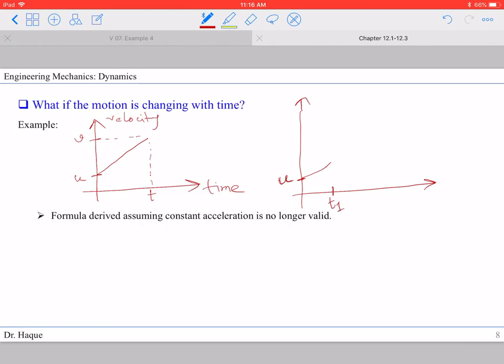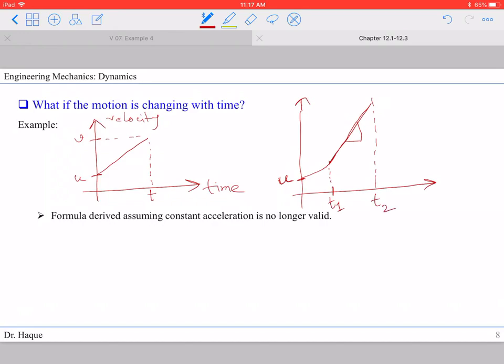Then I accelerated at a higher acceleration, but at constant acceleration. So higher rate but constant acceleration. So we have a different acceleration here than here, and I drive my car at that acceleration for a time t2.